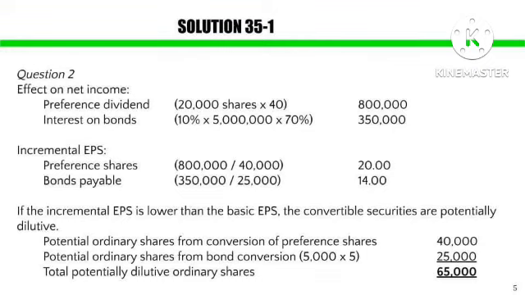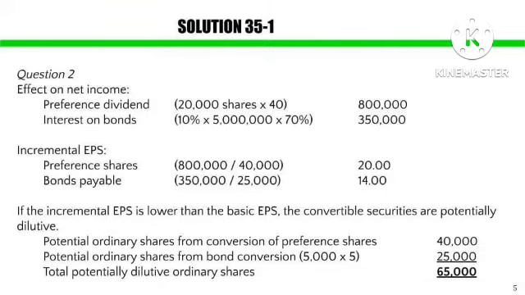For question number 2, we have to find out if the convertible shares are potentially dilutive. So, we have to know the amount of the preference shares and the bonds payable. If the incremental EPS of the convertible securities is lower than the basic EPS, then the convertible securities are potentially dilutive. For this problem, we have the preference dividend, which is 800,000, and the after-tax bond interest amounting to 350,000, which allows us to solve for the incremental EPS.